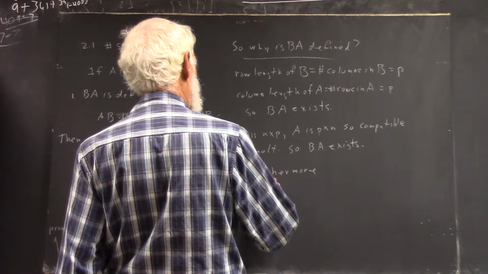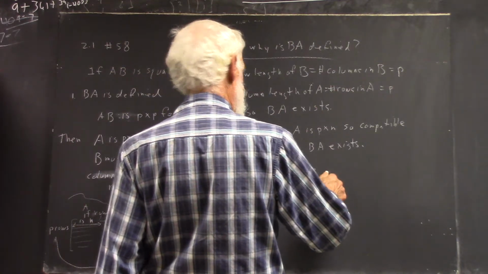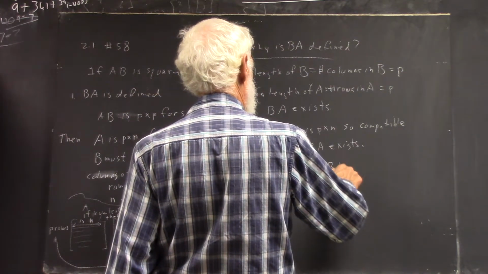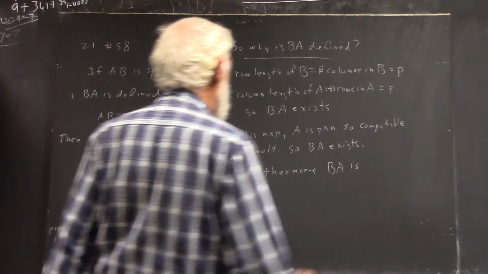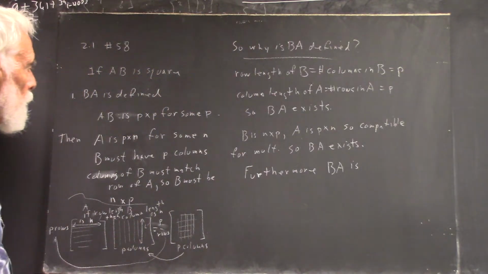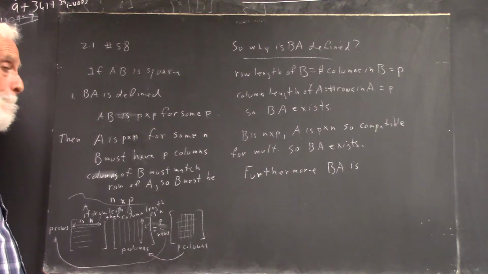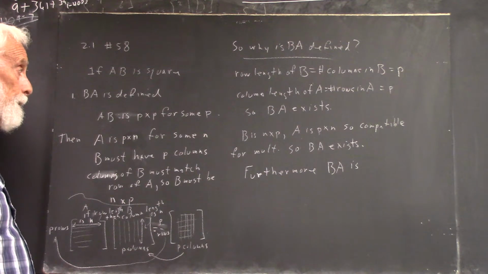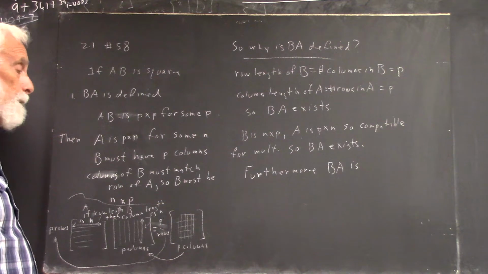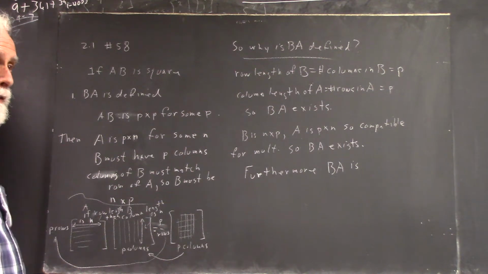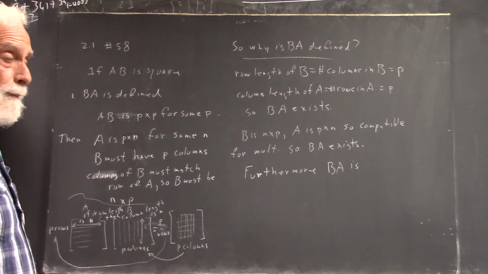Furthermore, BA is what? What are the dimensions of BA? P by P. Are they P by P?